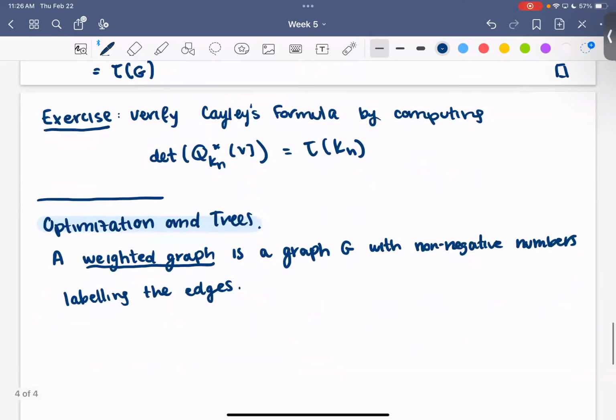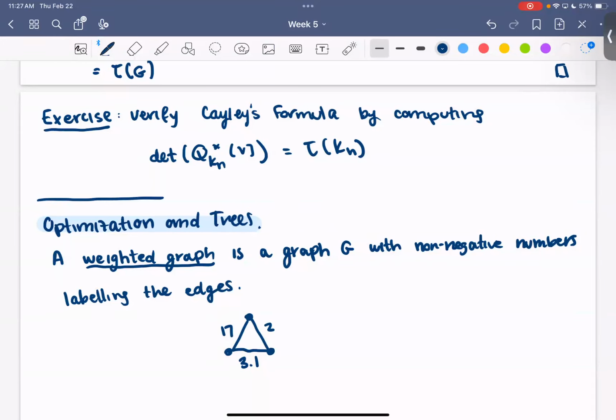So for example, you might have a graph like this, and then all that we're doing is assigning numbers to the edges. And the reason for this is that this comes up a lot in applications.